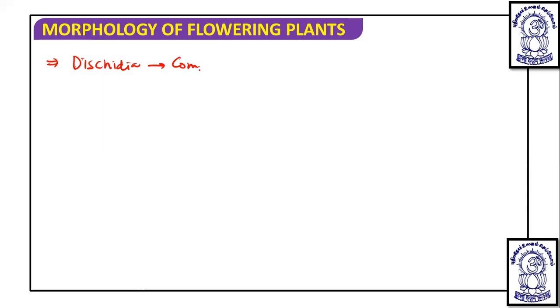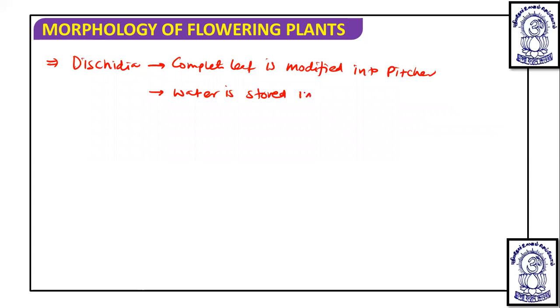Here complete leaf is modified into pitcher, and in Dischidia water is stored in pitcher of this Dischidia, and this Dischidia is a non-insectivorous pitcher. It already store the rain water.